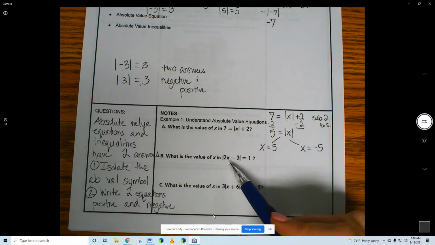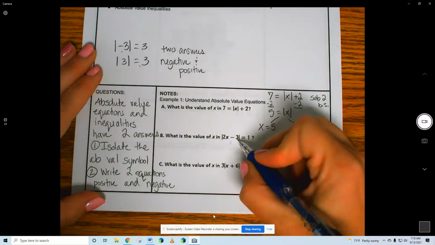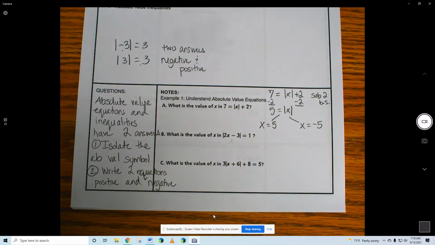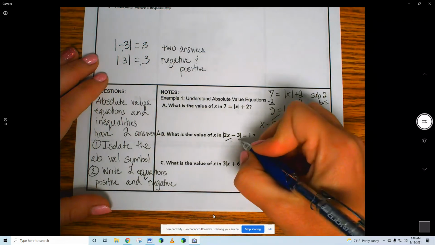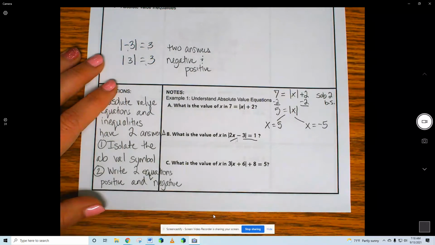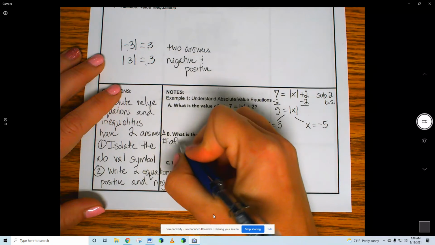So right here on B, I'm going to do just that. I look and ask, is the absolute value isolated? Is it the only thing there? Yes, it's the only thing. So I'm going to make 2 lines, using the number after the equal sign.